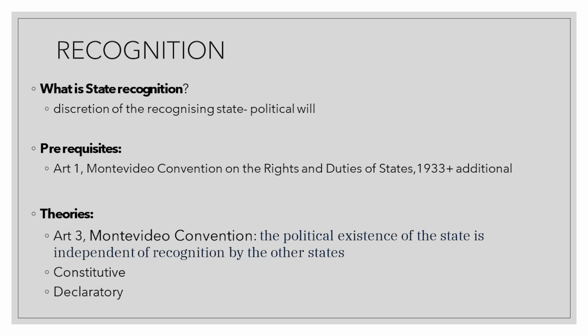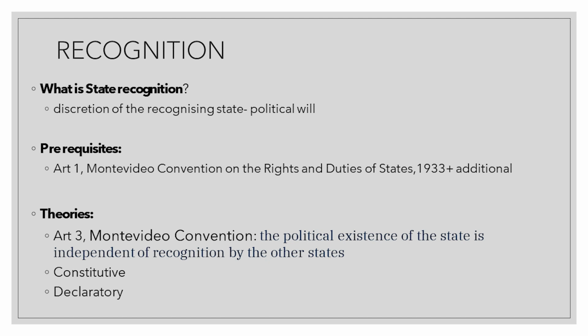So these prerequisites are mentioned in a very important document, which is a convention, and it is called the Montevideo Convention on the Rights and Duties of States. This is a convention which deals with various kinds of rights and duties that the states of the world have.